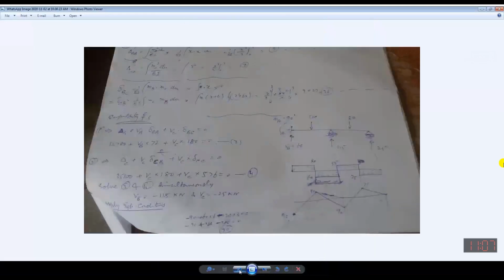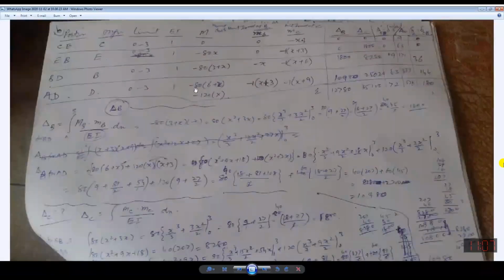So it will be minus 80 into (6 plus x), and then minus 120 into x. This is the effect of the actual loading on different segments of the beam.